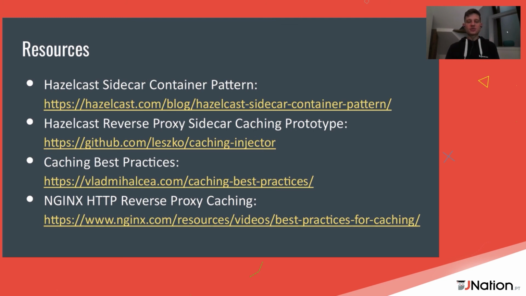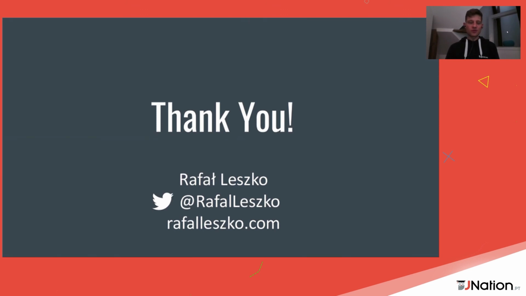The third resource is not really related to this talk, but it's a very good blog post about caching in general. And the last one is a very good video talk about how to set up Nginx as a reverse proxy cache. And with this last slide, I would like to thank you for listening. It was a pleasure to speak to you.